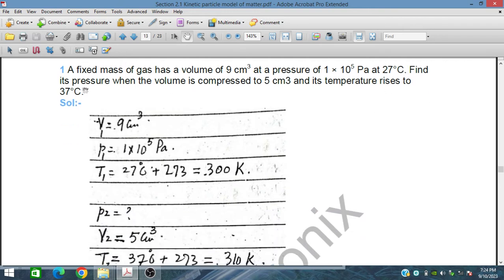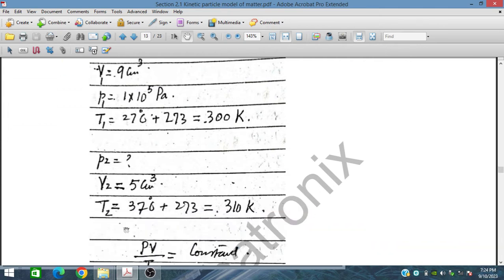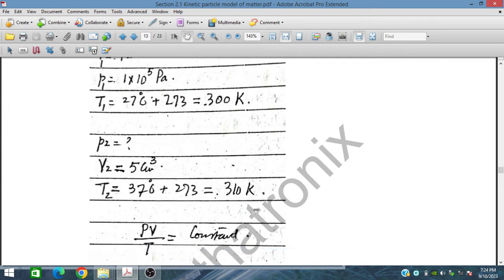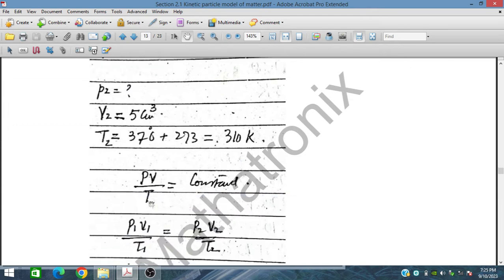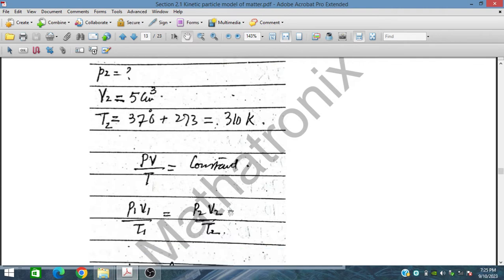Similarly, we have to find the pressure when the volume is compressed to 5 centimeter cube, and its temperature rises. Temperature is increasing, so 37 Celsius plus 273 is equal to 310 Kelvin. So PV upon T is equal to constant, P1 V1 upon T1 is equal to P2 V2 upon T2.